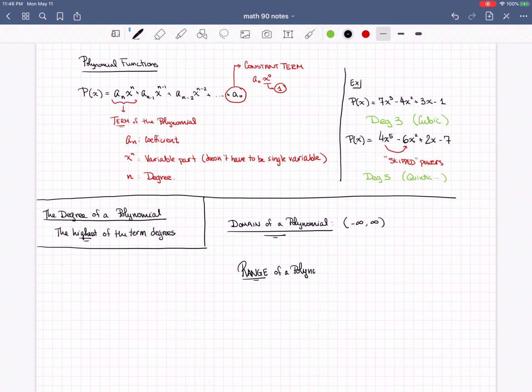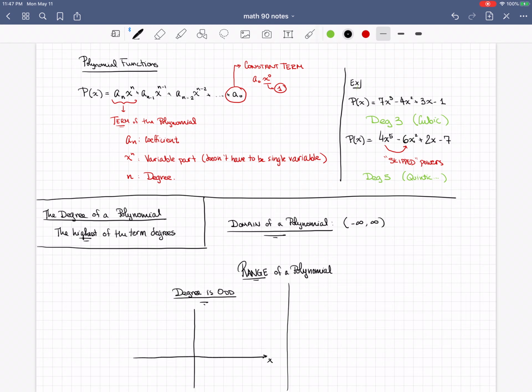So here's what I'm going to do. I'm going to show you some graphs. If the degree is odd, so the degree is 1, or 3, or 5, or 7, or anything like that, you're all maybe going to think, wait, what is she even doing here?